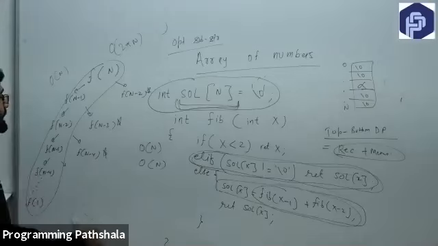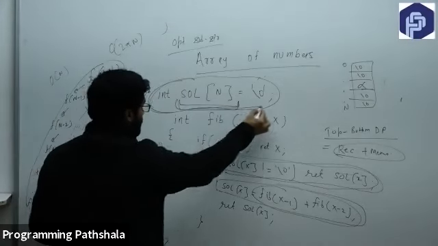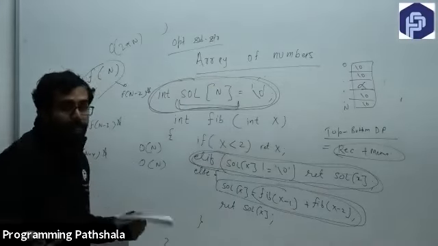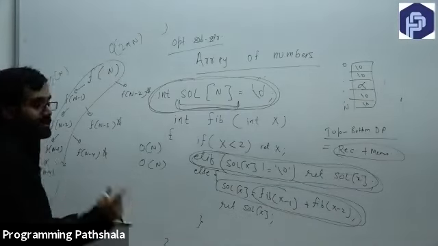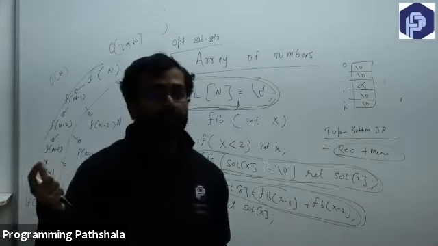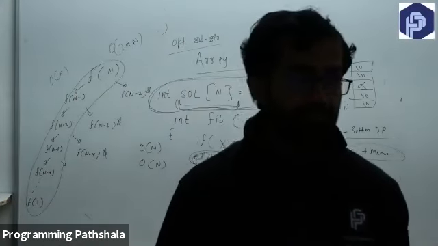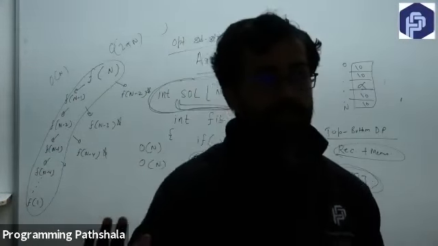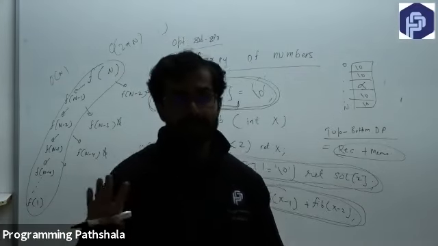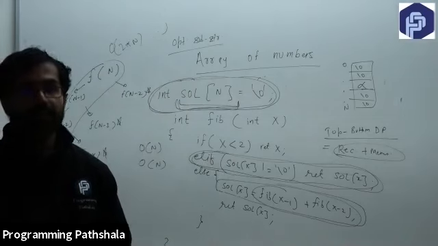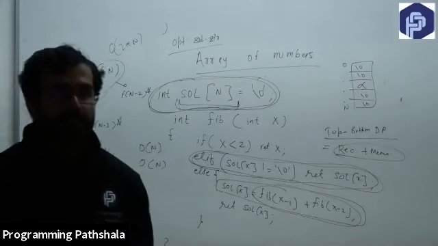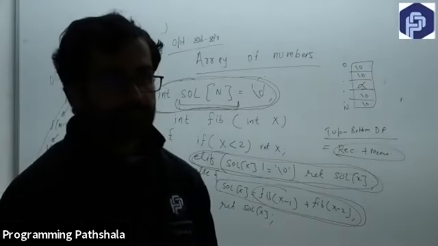So order n is the extra space that you yourself have declared. And another order n is the extra space that the recursive function call has ended up consuming. Is that clear? Are you able to clearly distinguish between the two order n spaces? First, that I myself have declared, and second, that my system ended up using as a part of recursive calls. Cool.